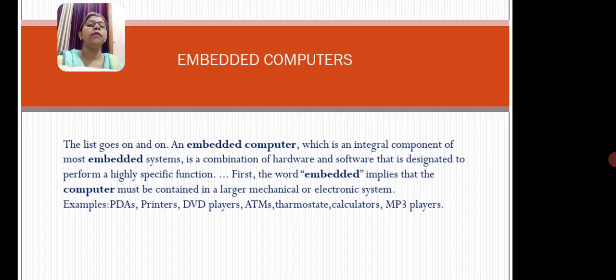The word embedded implies that the computer must be contained in a larger mechanical or electronic system. Examples: PDS, printer, DVD player, ATM, thermostat, calculator, MP3 player. Now children, you have seen what an embedded computer is.